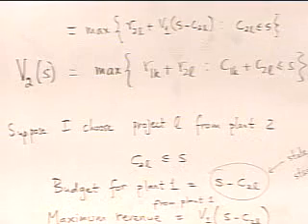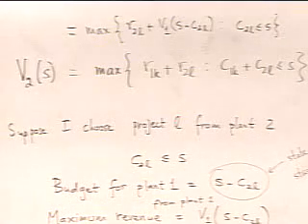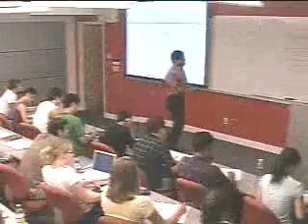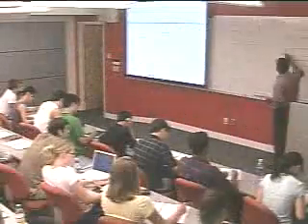Is that step clear to everyone, how that restatement happened? Okay, now let's just try it out for a particular value of S, and then we'll fill up the table.